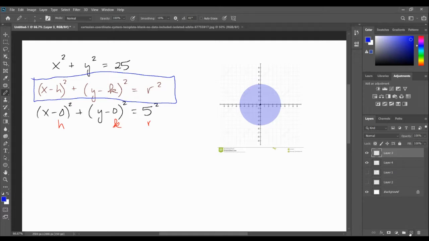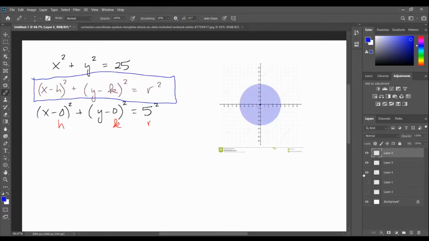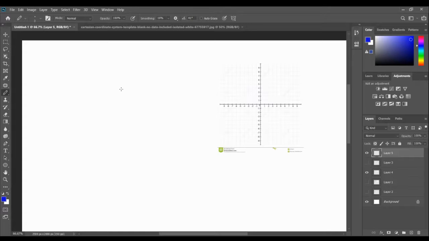So let me grab a new layer here. Okay, so the question I had was y equals 1/4 x plus 9. And the question that was asked is, how do I get points to graph?